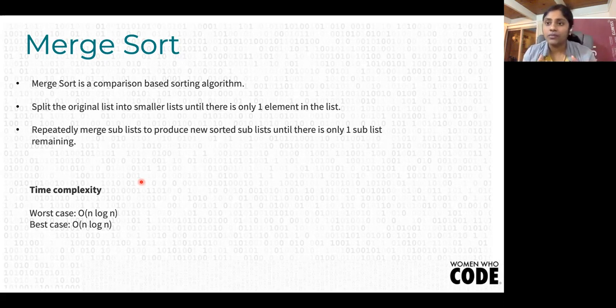And then once you have the array with only one element, you start merging, and before you add it to the result array, you sort it.